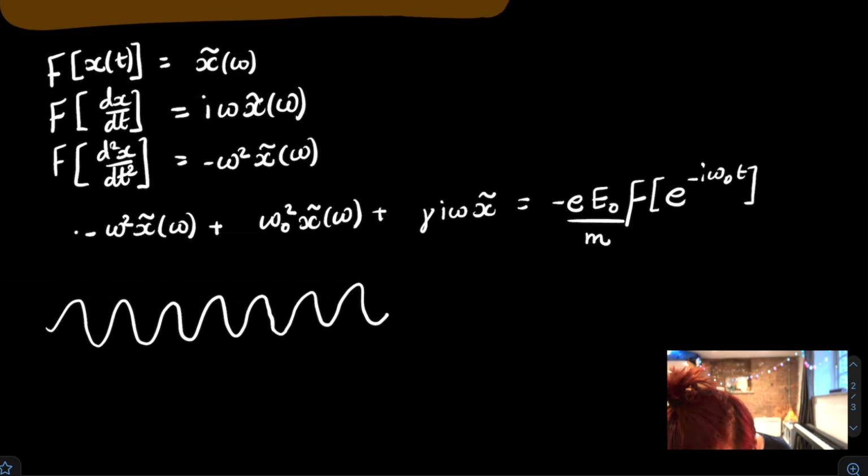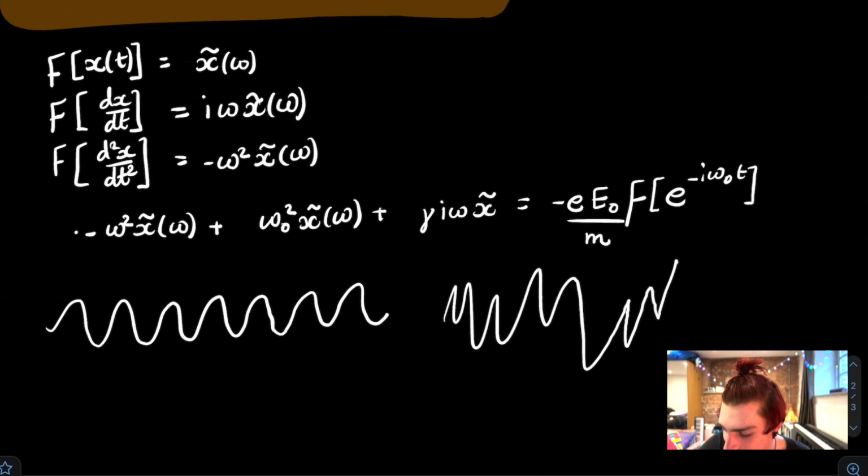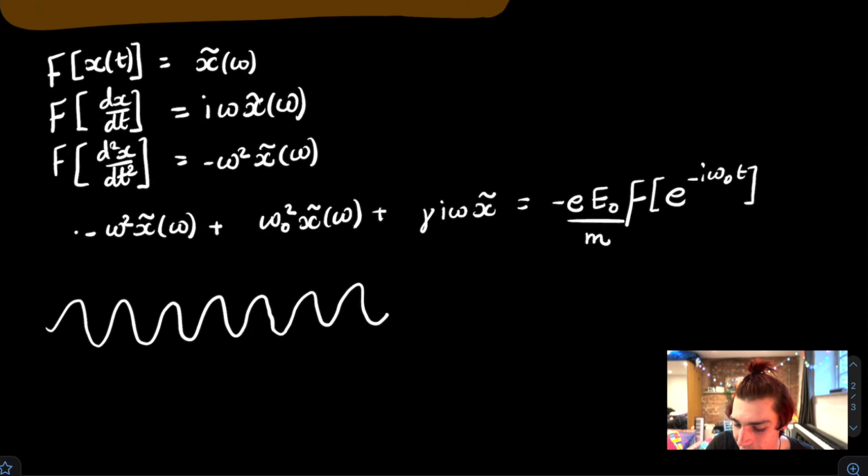Now, when you just have a simple sine function like this, or in this case, a complex exponential function, there is just one frequency. This wave is only of one frequency. If we had something more complicated like this, then of course there would be a Fourier spectrum. But in this case, we've only got one frequency right here. So how does that translate mathematically?